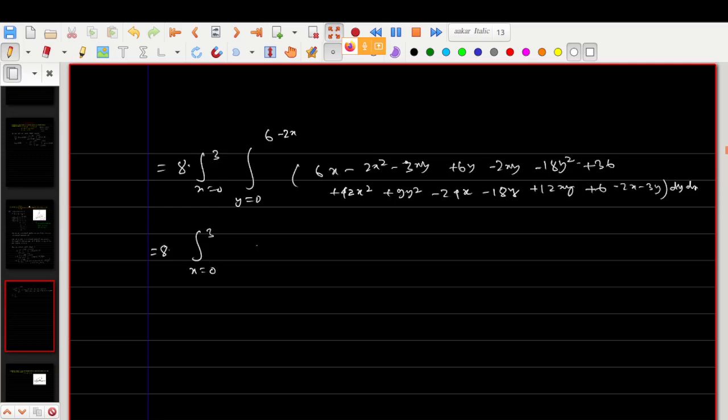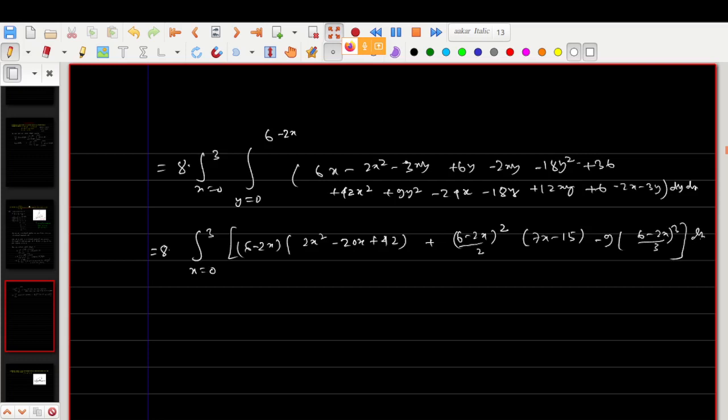So it will turn out to be (6 minus 2x) times (2x square minus 20x plus 42), plus (6 minus 2x) whole square by 2, (7x minus 15), minus 9 times (6 minus 2x) whole cube by 3, right?